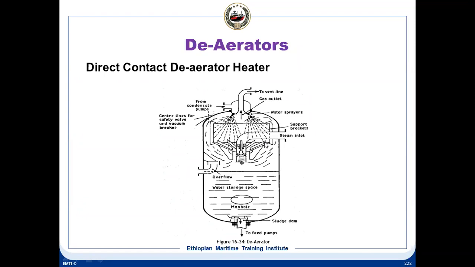This deaerator also acts as a feed water preheater. Once the steam has condensed, because the seawater temperature is less than the saturation temperature of the steam, the condensate temperature may go down substantially below 100 degrees centigrade.